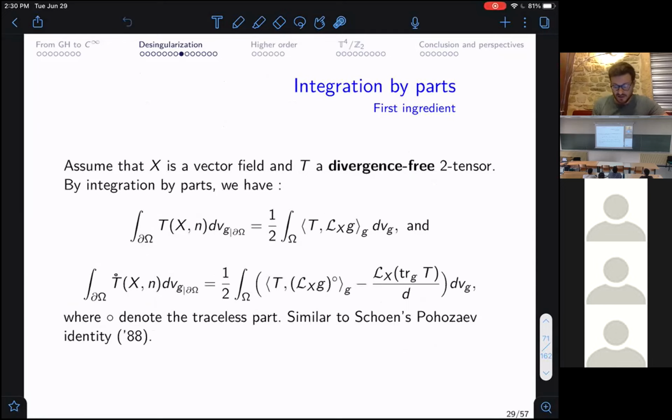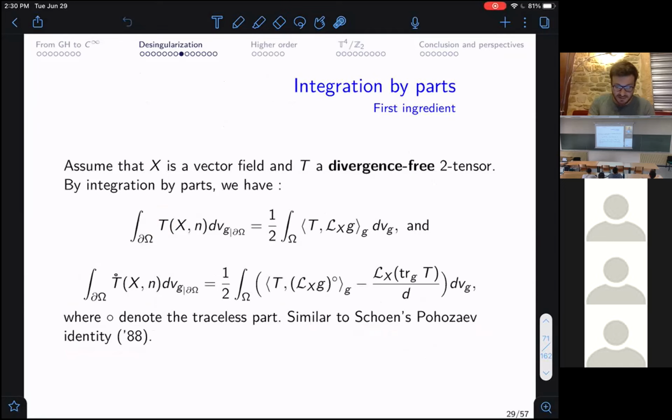And the second one is really similar to the Schoen-Pohozaev identity for the scalar curvature. So for the Schoen identity, just replace T by Ricci minus the scalar curvature over 2 times the metric. That's divergence free, and you find Schoen's formula here.